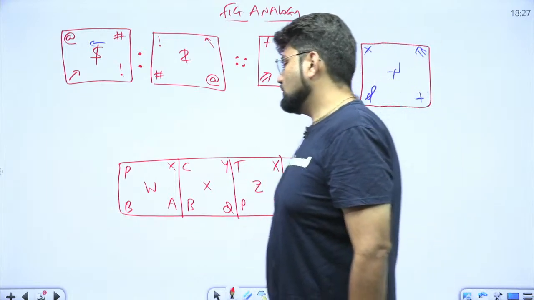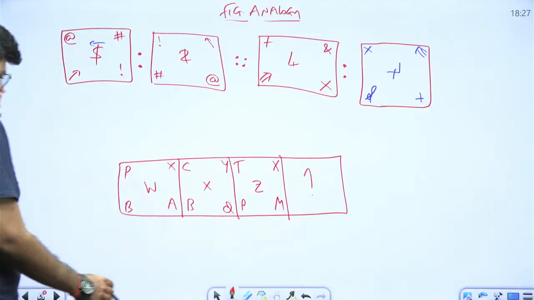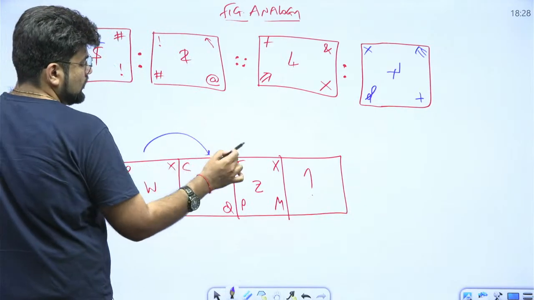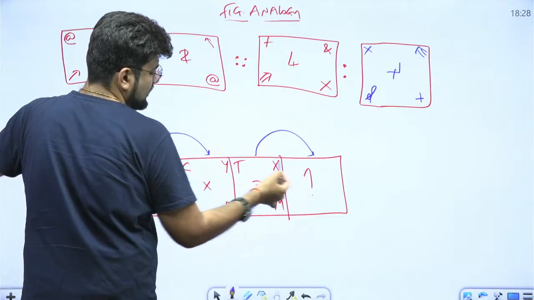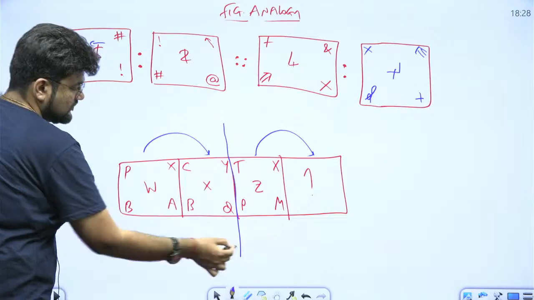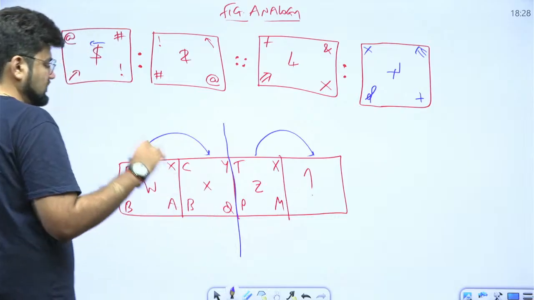So what this question is trying to tell you is that the way we are getting the second figure from the first figure, you have to get the fourth figure from the third figure. They are not related to each other. It's like this. So they are just not using this sign. So don't get confused. Now what is the logic here? The logic is, it's a very wonderful logic.